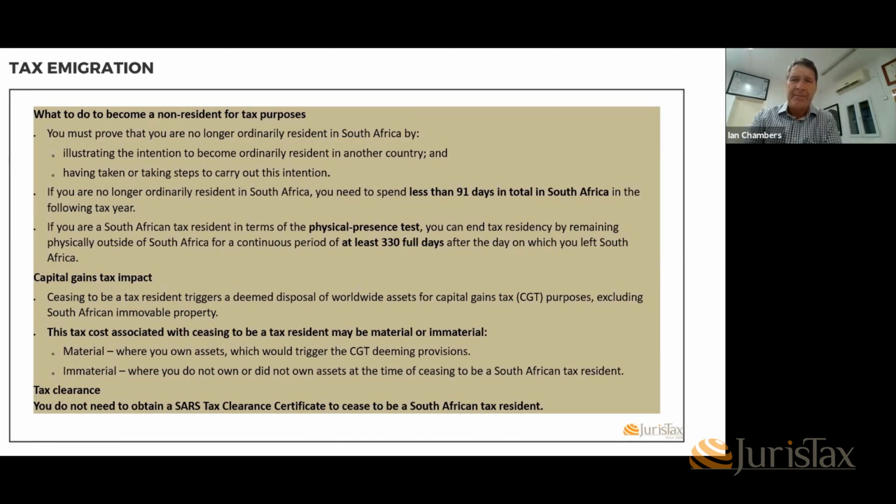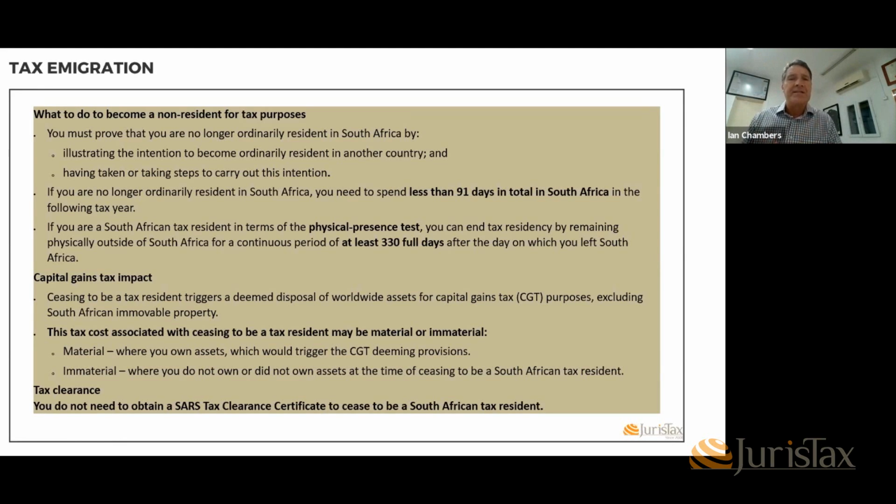South African tax residents. One of the exceptions to the deemed exit rule, i.e. when you are deemed to have disposed of all your worldwide assets and immediately reacquired them, is immovable property that is directly held by a South African tax resident. The reason for that is that non-residents are not subject to tax in South Africa, but residents are.